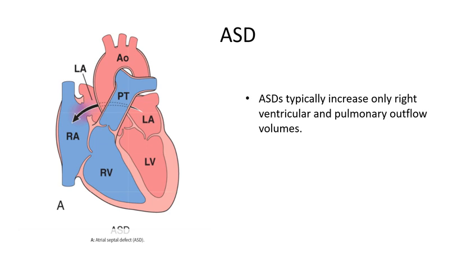So this is atrial septal defect. They are abnormal fixed openings in the atrial septum caused by incomplete tissue formation that allows communication of blood between the left and right atria, and they are usually asymptomatic until adulthood.